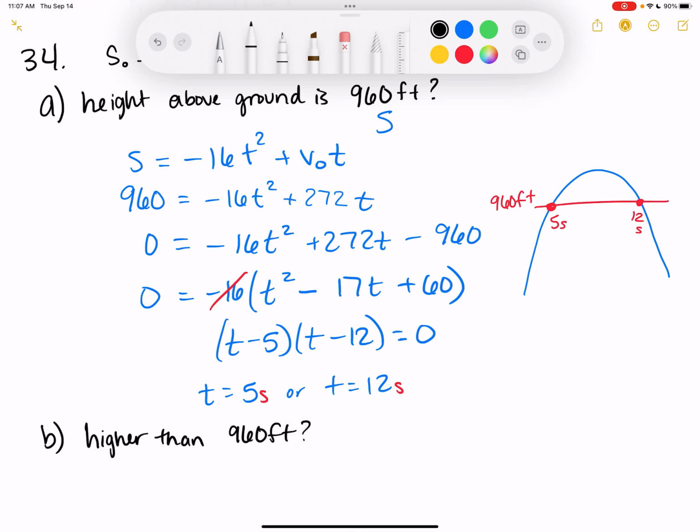So our answer would be that it's between those two. Is it including or not including 5 and 12? Not including, because it specifically says higher than. The example that we looked at in the book said at least, which includes it. This does not. So this is just going to be 5 to 12, not included.